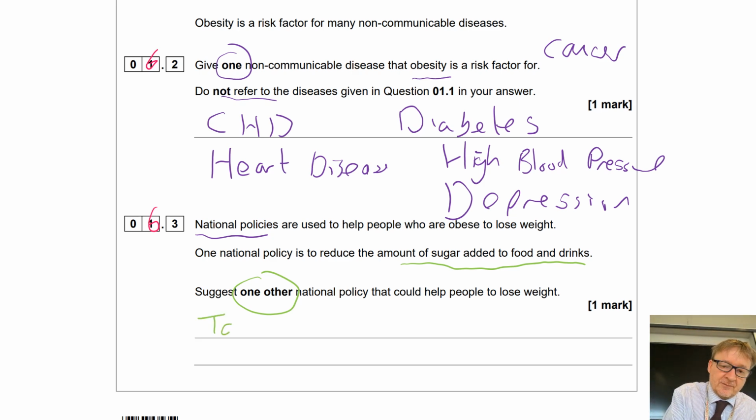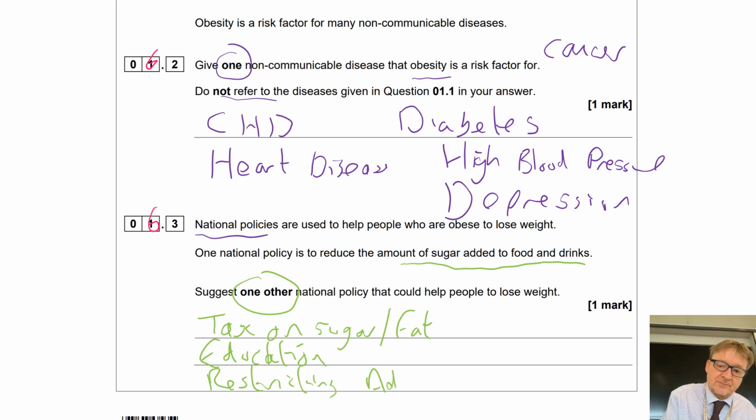So you could have a tax on sugar, okay, a sugar tax, or a fat tax, where foods that have got more sugar or more fat in, the government could add a tax to them. There could be a policy on education. You could have a policy where you are restricting advertising, okay, on foods that have got large amounts of sugar and fat in them.